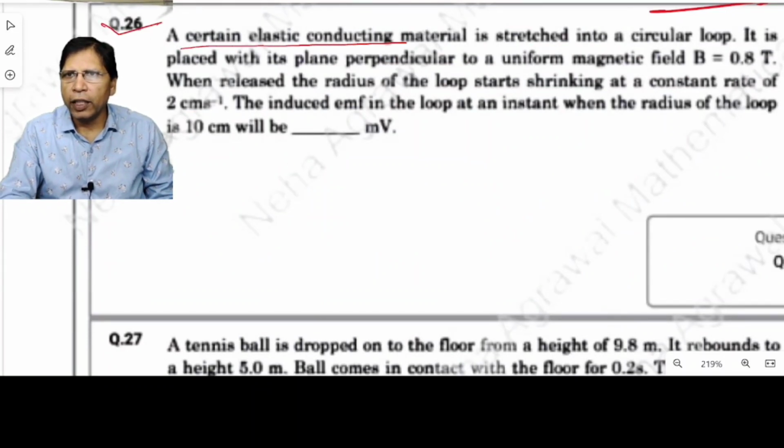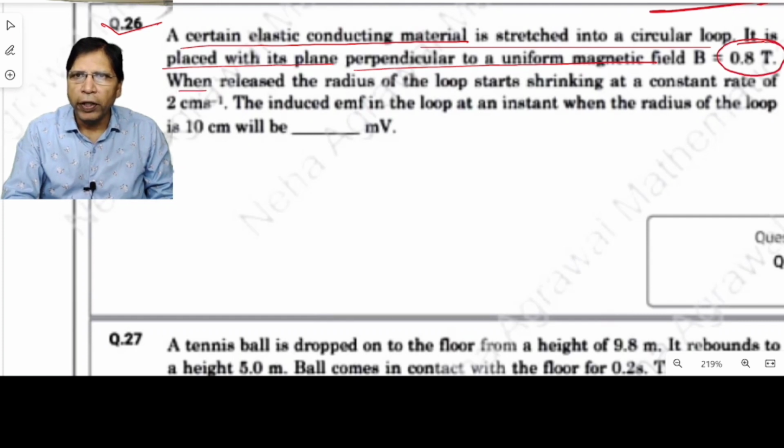A certain elastic conducting material is stretched into a circular loop. It is placed with its plane perpendicular to a uniform magnetic field B equal to 0.8 Tesla. When released, the radius of the loop starts shrinking at a constant rate of 2 centimeter per second.